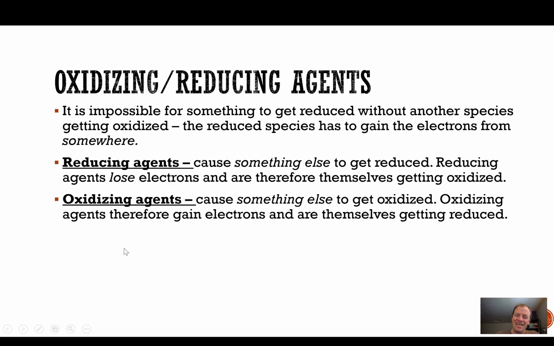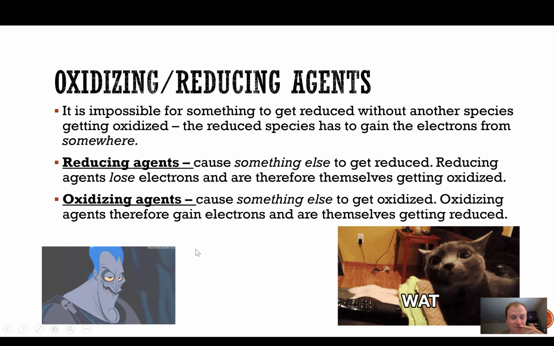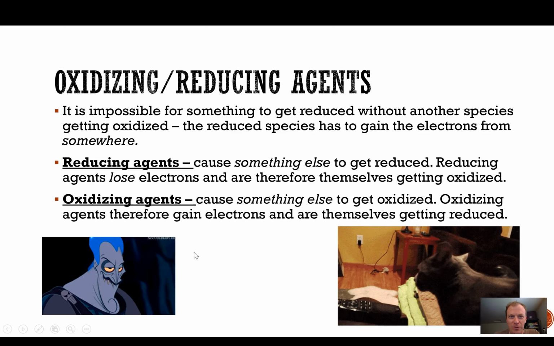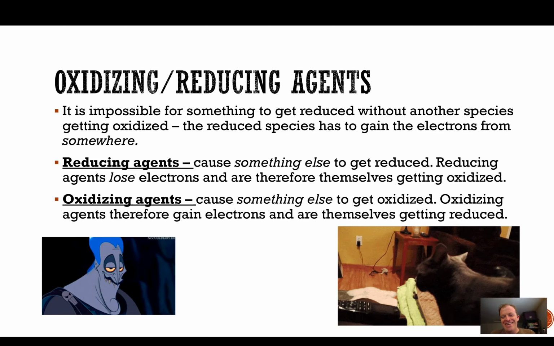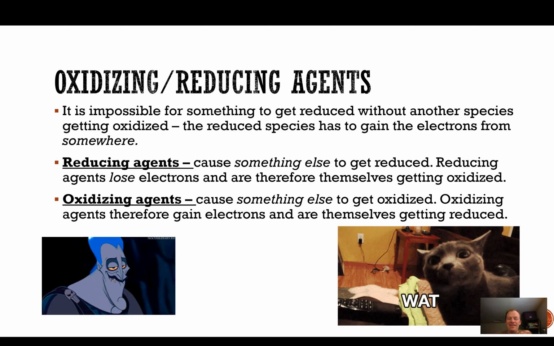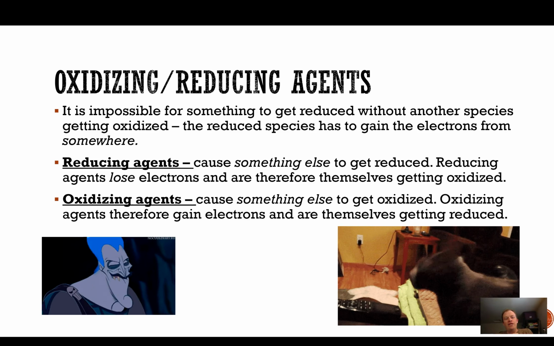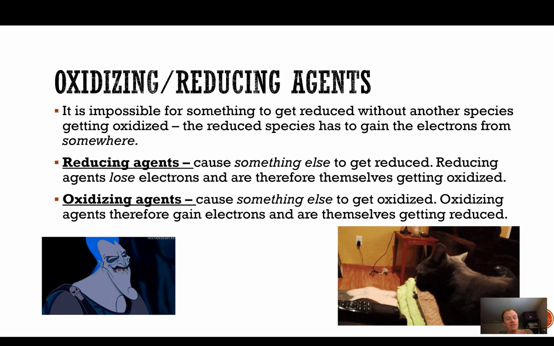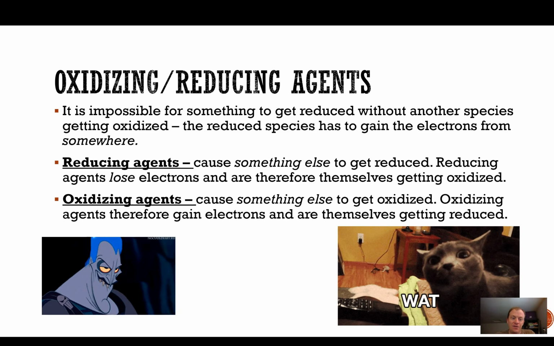And then oxidizing agents cause something else to get oxidized. So oxidizing agents gain electrons and themselves are getting reduced. Clear as a bell, right? Yeah, it is a little confusing, but basically, reducing agents get oxidized, oxidizing agents get reduced.